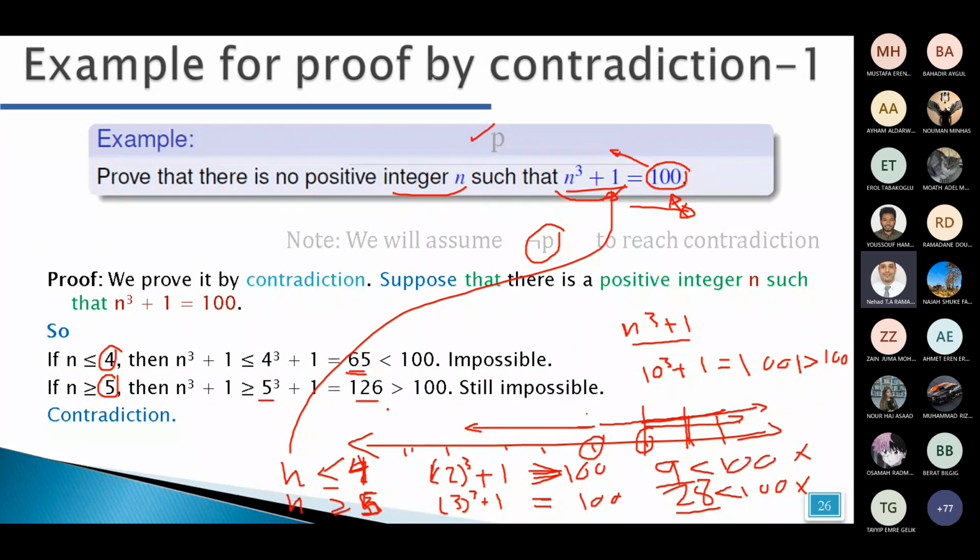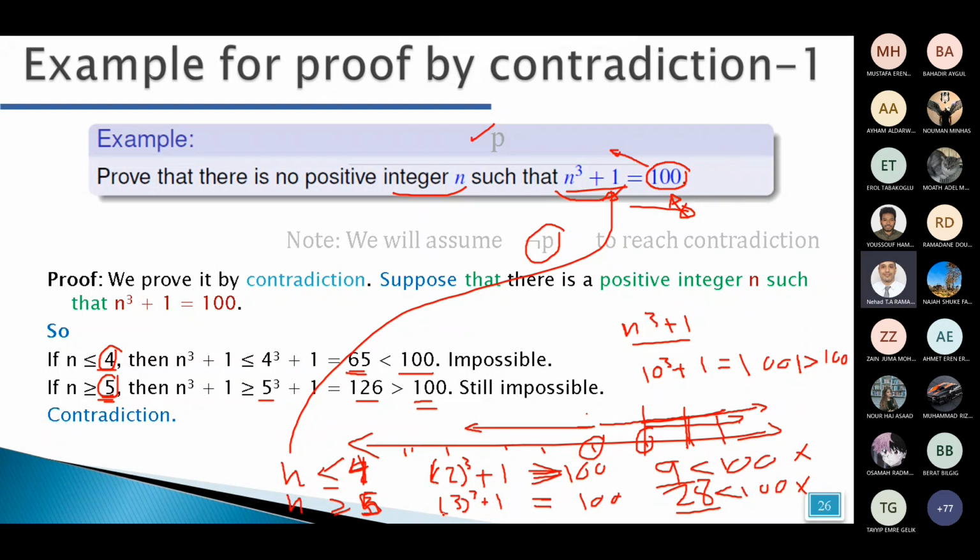Then you will never get a number equal to 100. Because when we take these two sequence numbers, 4 and 5, 4 gives us a number less than 100, 5 gives us a number more than 100. And between 4 and 5, there is no integer number.